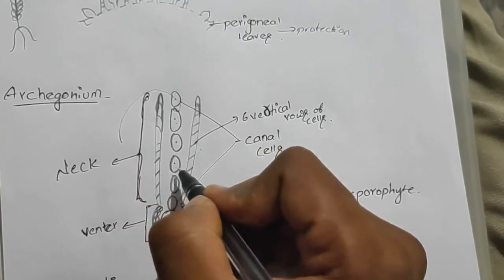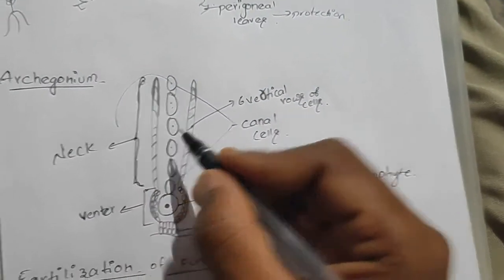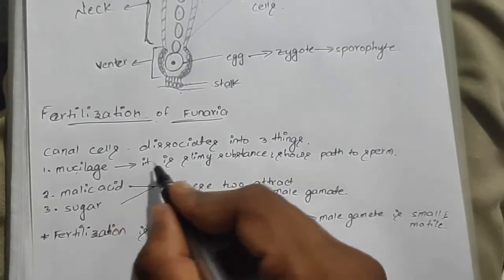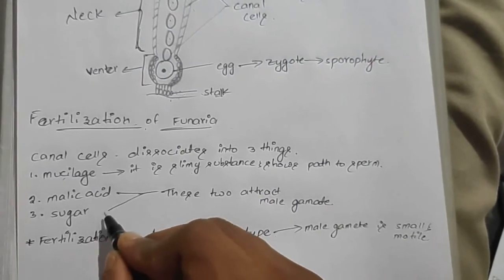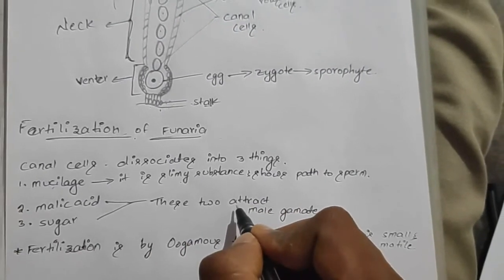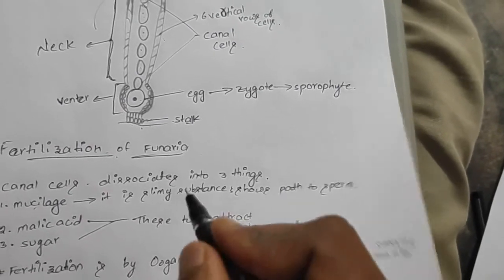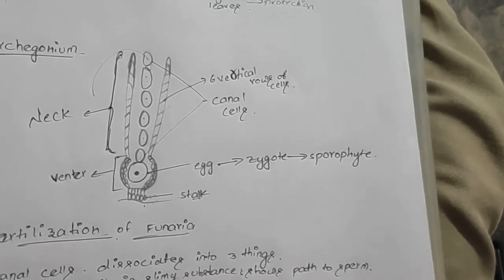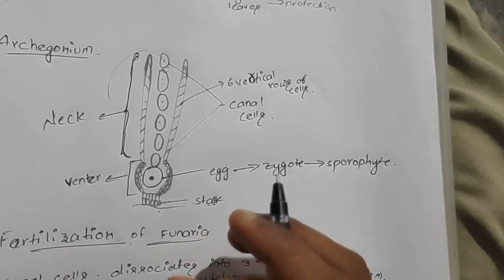When the sperm reaches the canal cells by swimming, these canal cells dissociate into three things. One is mucilage, a slimy substance that shows the path to the sperm, and malic acid and sugar, these two attract the male gametes. And fertilization is of the oogamous type. Oogamous means the male gamete is small and motile so it can reach, but the female gamete is large and non-motile, it stays where it is present.